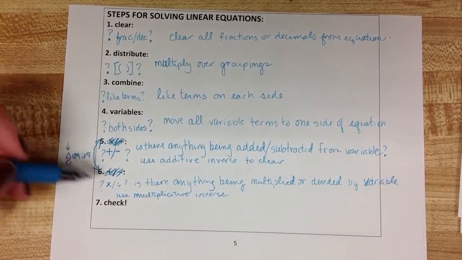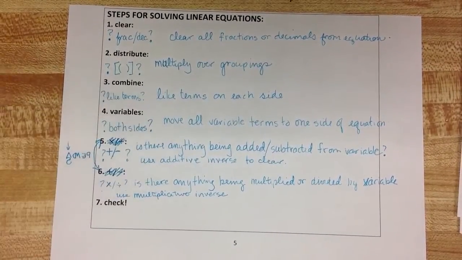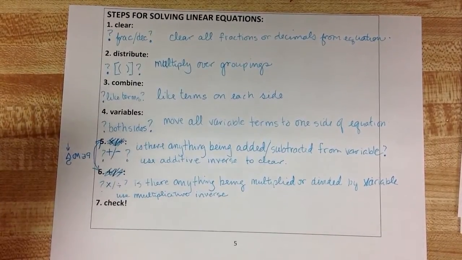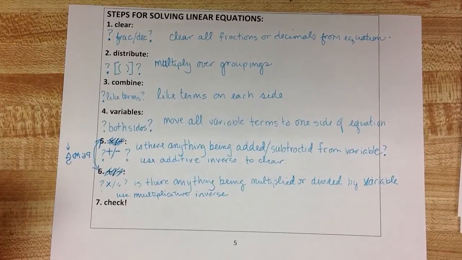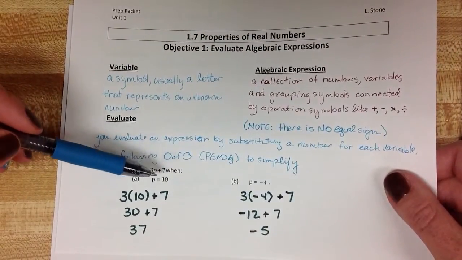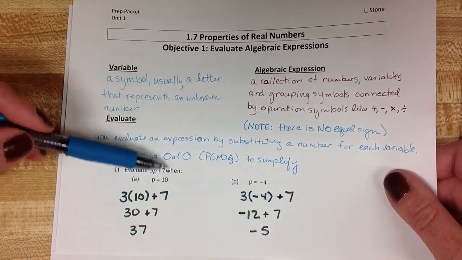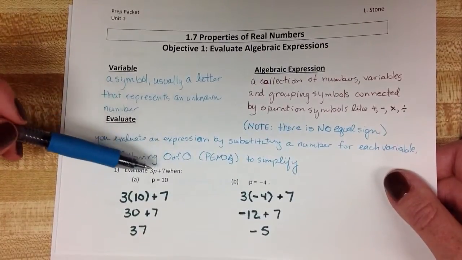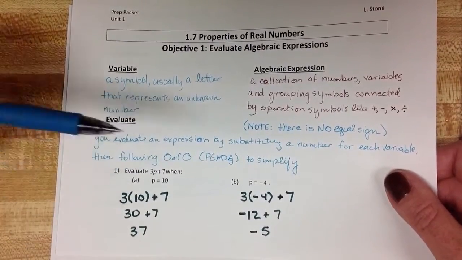And then I guess 6 wasn't really your final step because I always want you to be in the habit of checking your answers. So that was one of the first skills that we learned in section 1.7 when we were evaluating. They had us take this expression 3p plus 7 and evaluate it for p equaling 10. So that skill is what we're going to be using to do our check.